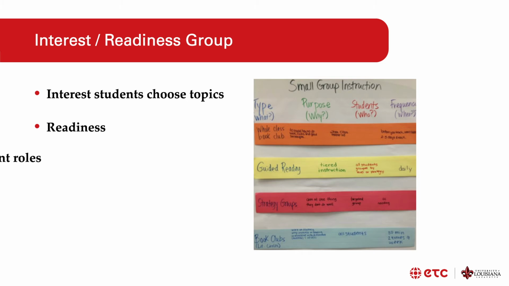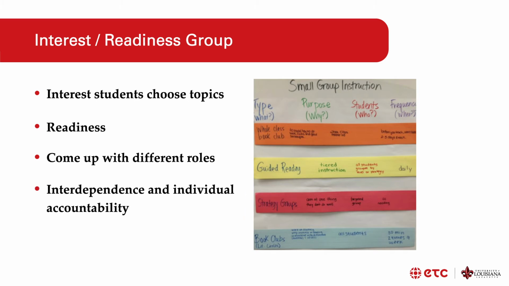You also want to come up with different roles in the groups so that students have tasks that they can complete. You want to make sure that if you have small groups that work on their own, especially if it's not a teacher-directed group, they have interdependence. That is something that they all have to create for the group, but also individual accountability. Because you never want one person in the group to have to do all the work so that they can get the grade or finish the product.